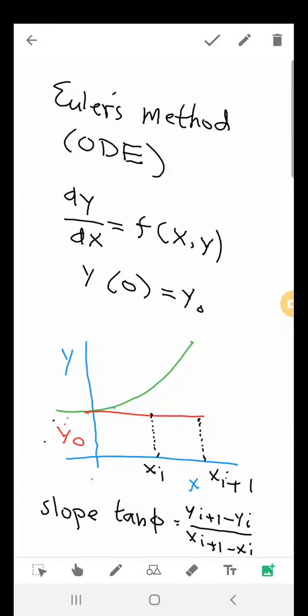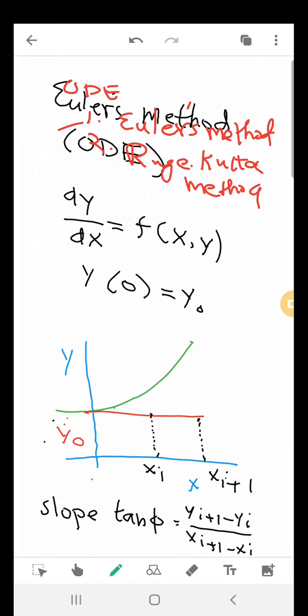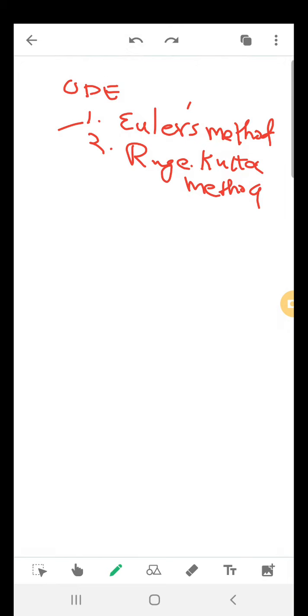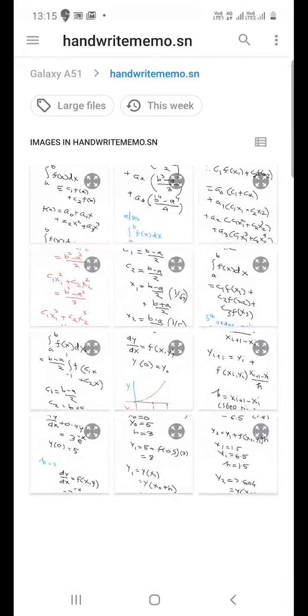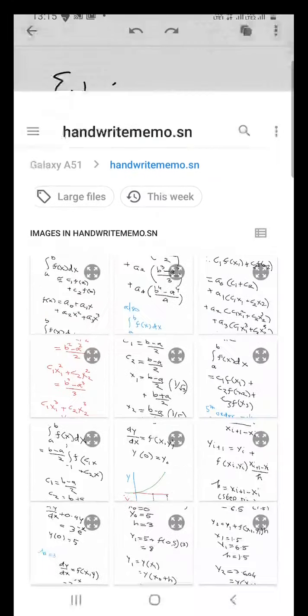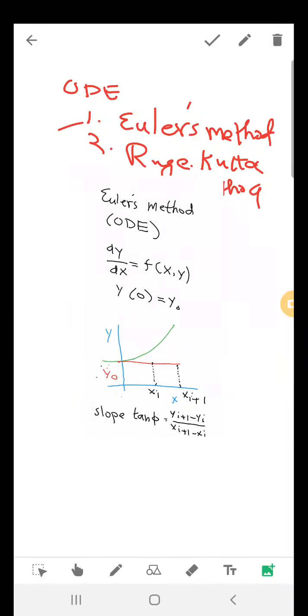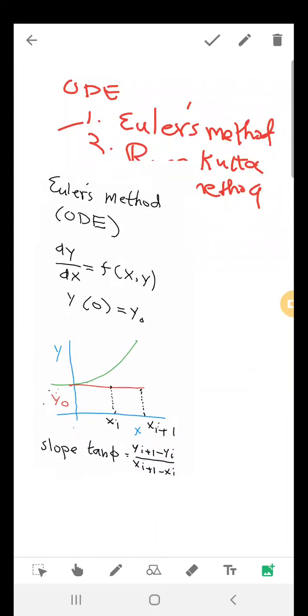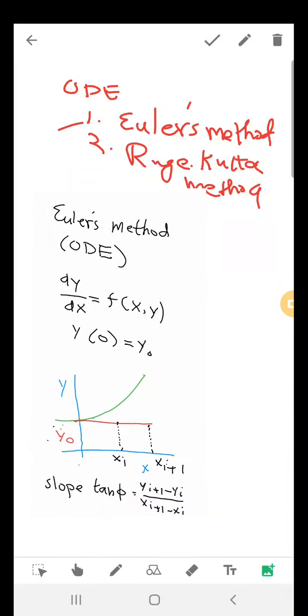In Euler's method of finding the solution of a differential equation, suppose we have a very basic differential equation like this, and one boundary value condition is given.